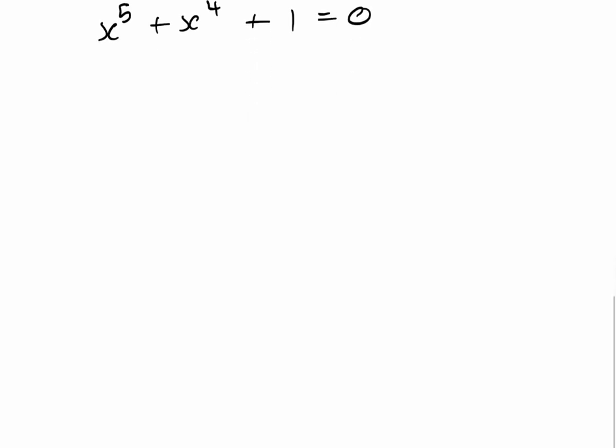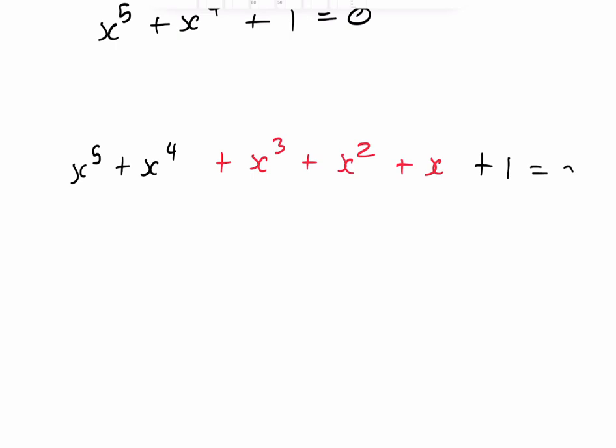So first of all, it would be much more simple if we had all the other terms. So x to the 5 plus x to the 4 plus x to the 3 plus x to the 2 plus x plus 1 equals 0. Or it doesn't equal 0, because we know that this expression here equals 0.